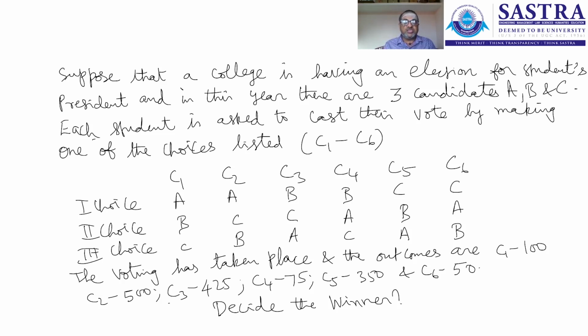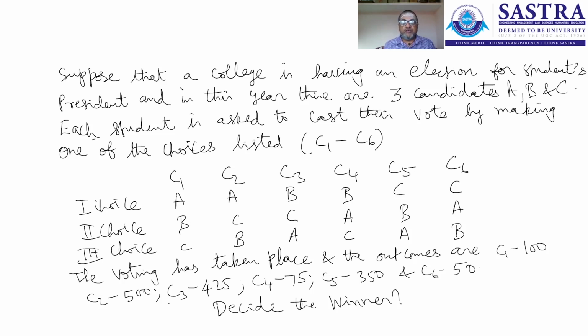But there are certain votes, namely in C3, where the choice of A is in position 3. That is 425 voters who have opted A as the last option for that post. And when you look at C5, 350 voters want C to be the president of the club.